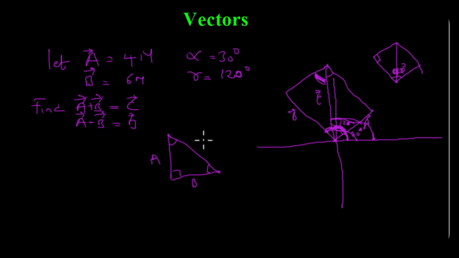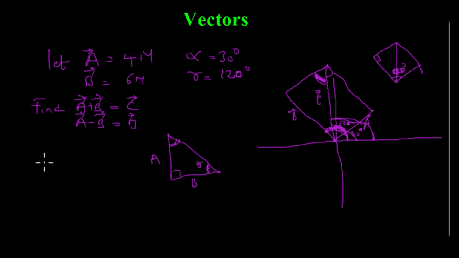So after solving for this angle here, let's call this angle theta. Then I also need to find this other angle, because this is my major point of concern as far as getting the polar direction of my resultant vector. So let's go into the solving.